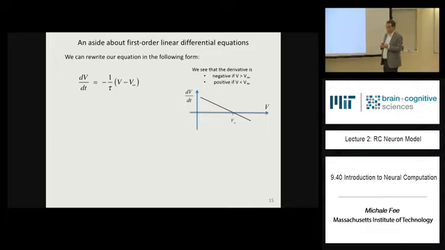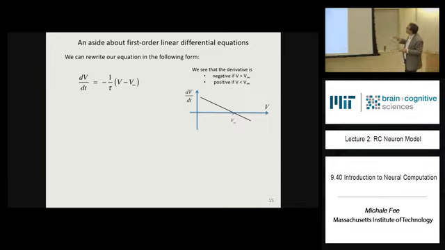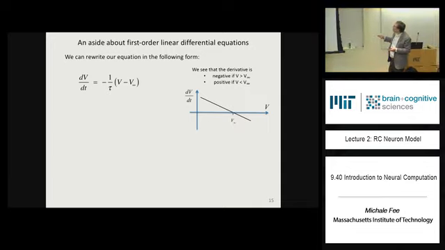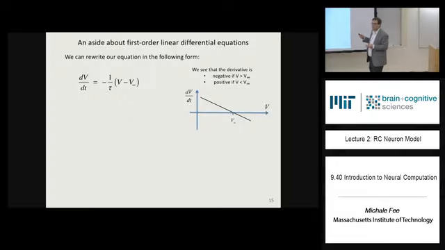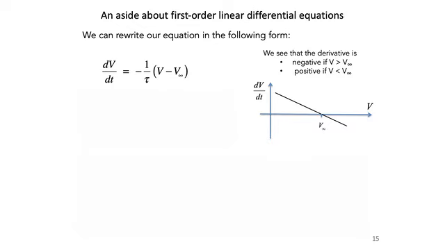Yeah? And when the voltage is less than V infinity, the derivative is positive, right? When the voltage is below V infinity, the derivative of voltage is positive. So what is the voltage doing? It's approaching V infinity. If the voltage is greater than V infinity, the derivative is negative.